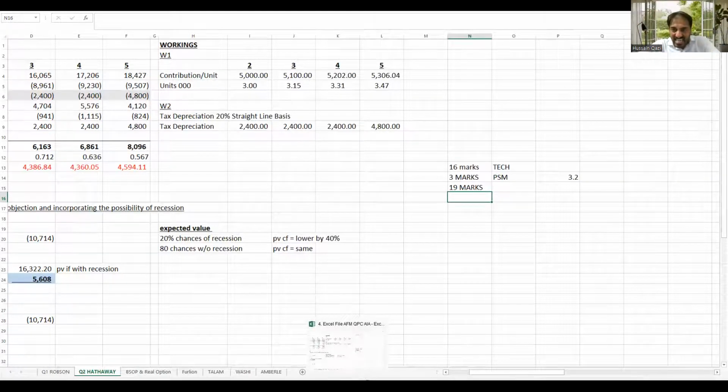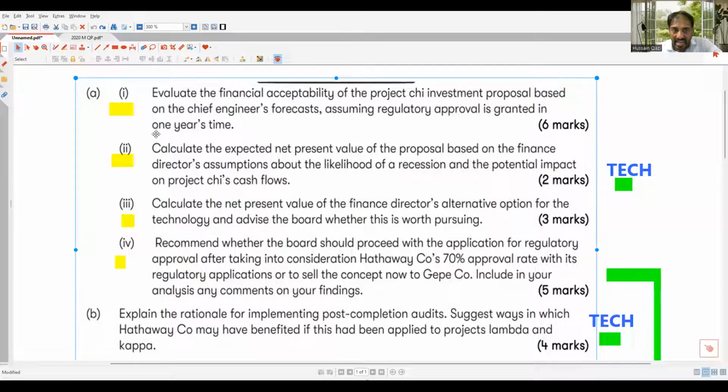So the marker will easily identify all the workings, and it is presentable. That means I am automatically generating not only technical marks but also the professional skill marks. I hope it's clear to all of you. So this 19 marks includes the A1, A2, A3, A4 calculation, and now we are working with the theoretical part as well.